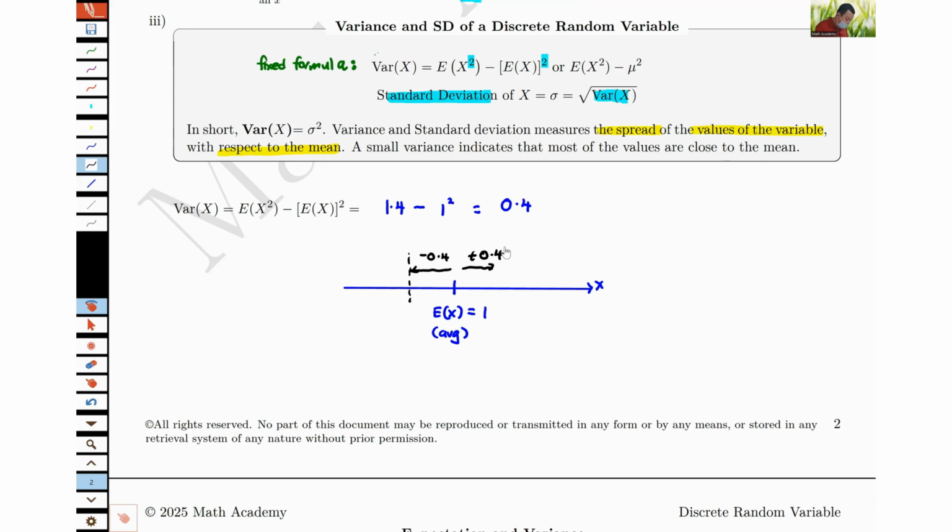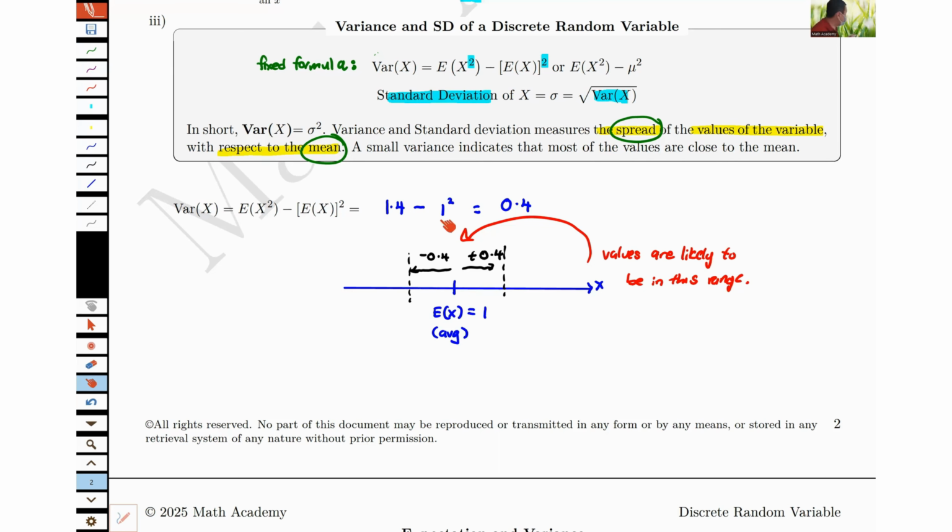I expect that over many rounds, if I go and check the average, my values are likely to be in this range. With a very high chance, I expect the values of my x to be lying between, say, 0.4 to 0.6 to your 1.4. Variance is always trying to check for the spread. And spread is with respect to the average, the mean value, towards the left and towards right.